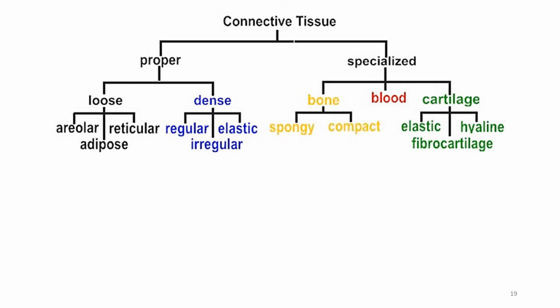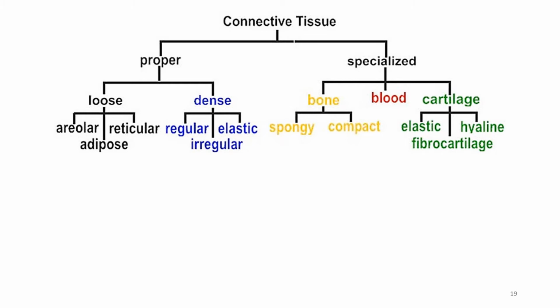In terms of our proper connective tissue, we can then start dividing that down depending on its function and its location. So we can have loose proper connective tissue, and this is really the sort of padding type stuff. Areolar, reticular, adipose, reticular meaning a network that supports things.